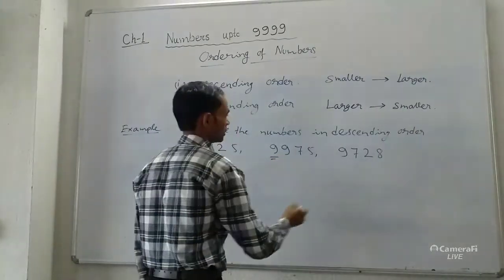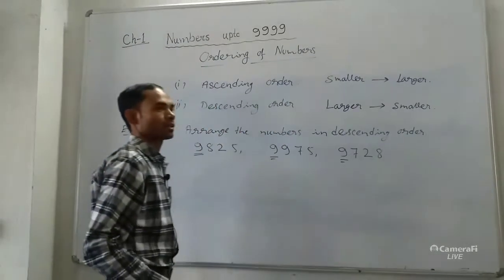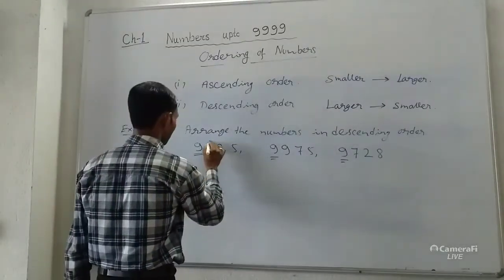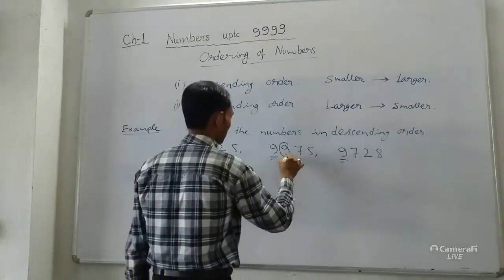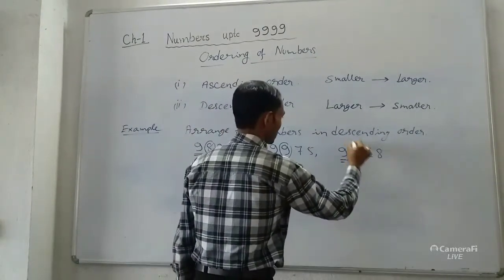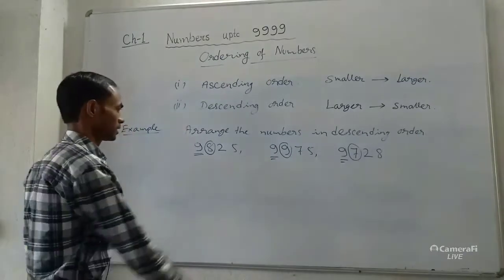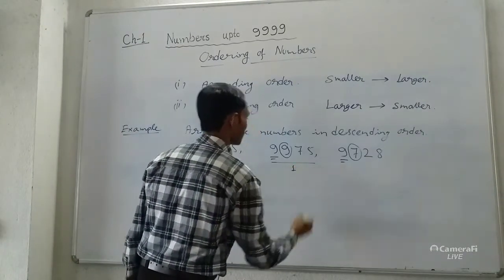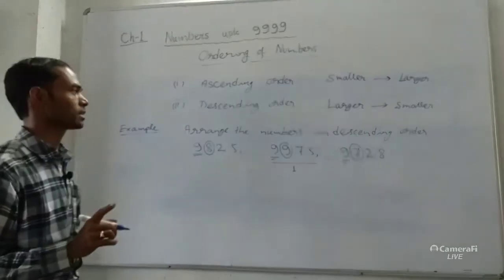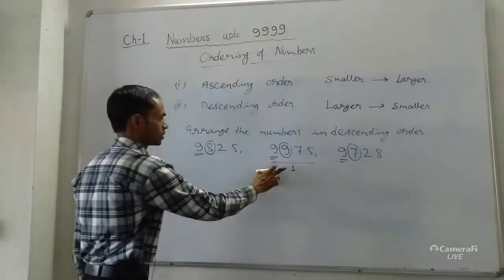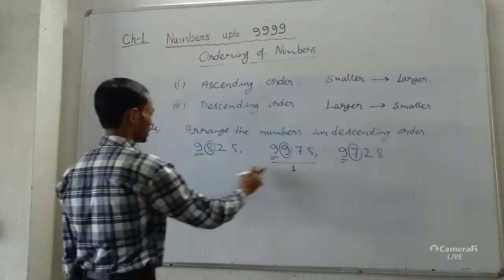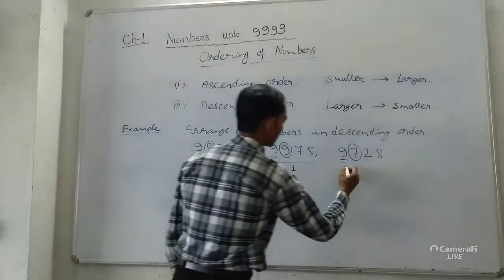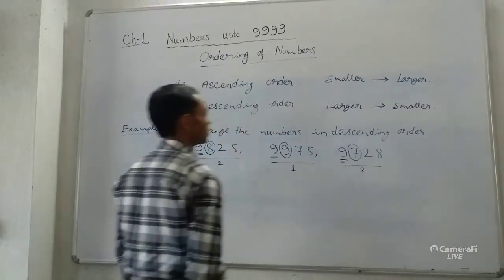Here is 9, 9, same. So, we will pass to the next digit. Here is 8, here is 9, here is 7. So, which one is the larger digit? 9. So, this number becomes the first one because we are finding the largest one first. So, this is the first position number. Second position number, this one. And third position number is this one.